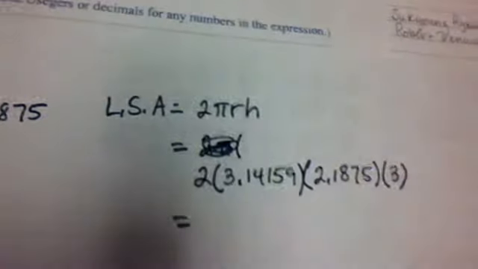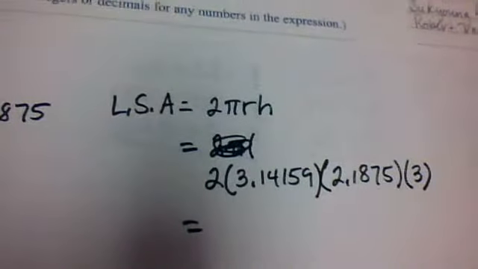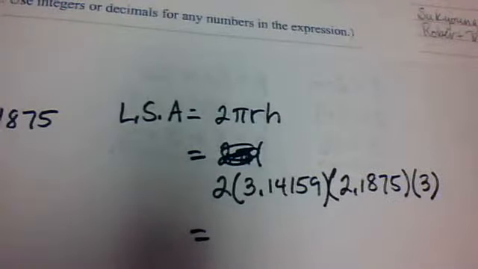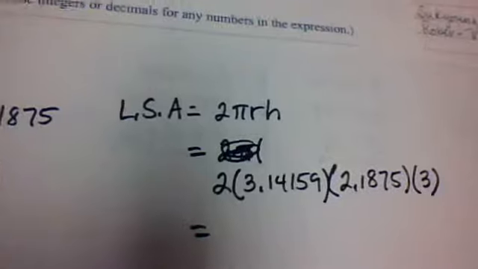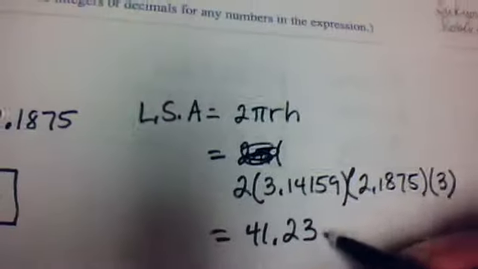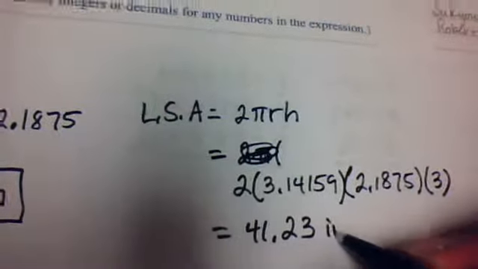So all we have to do there is just simply multiply 2 times 3.14159 times 2.1875 times 3. And you're going to end up getting 41.23, and it's in square inches.